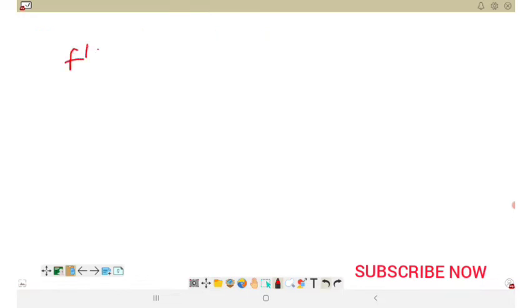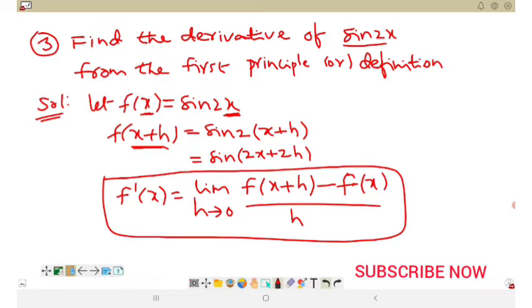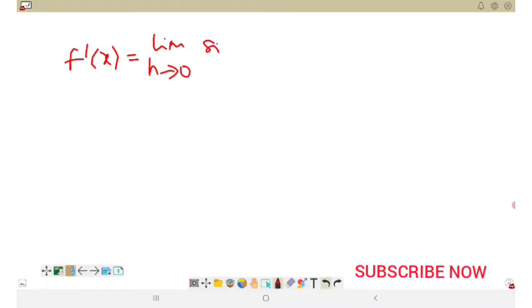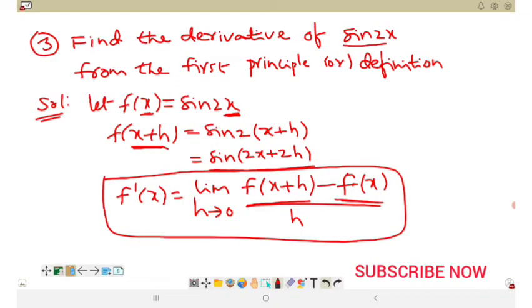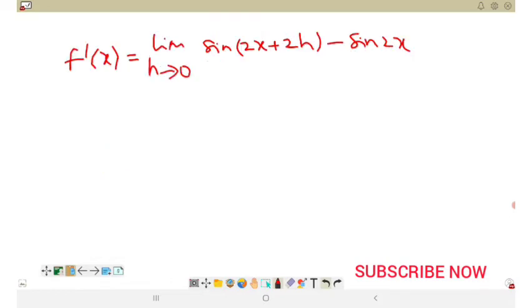So f dash of x equals limit h tends to 0, substitute f of x plus h as sine of 2x plus 2h, minus f of x, which is sine 2x, by h.